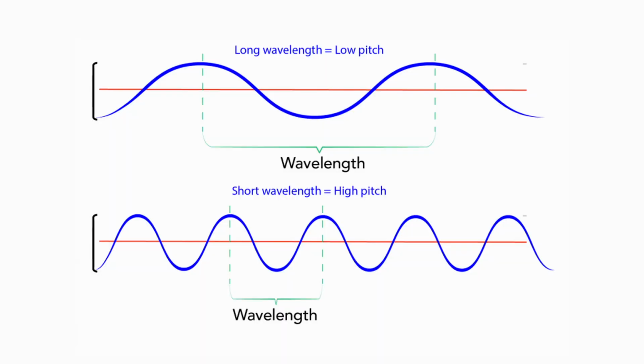The last property of a sound wave that you need to understand as a sound engineer is wavelength, and wavelength is the size of that vibration, and this determines the speaker that you are going to use. High frequencies have short wavelengths, so you need just a smaller speaker, and that's why you use tweeters for high frequencies.